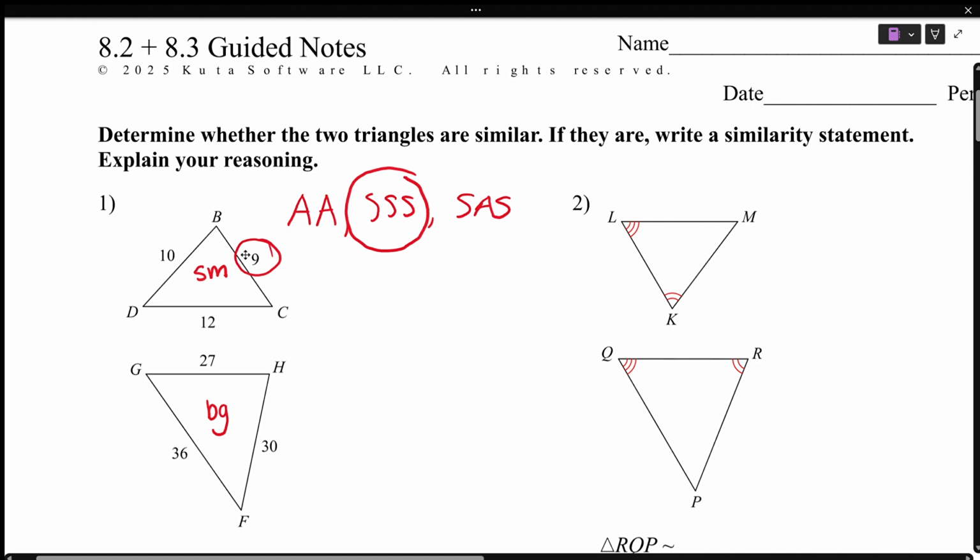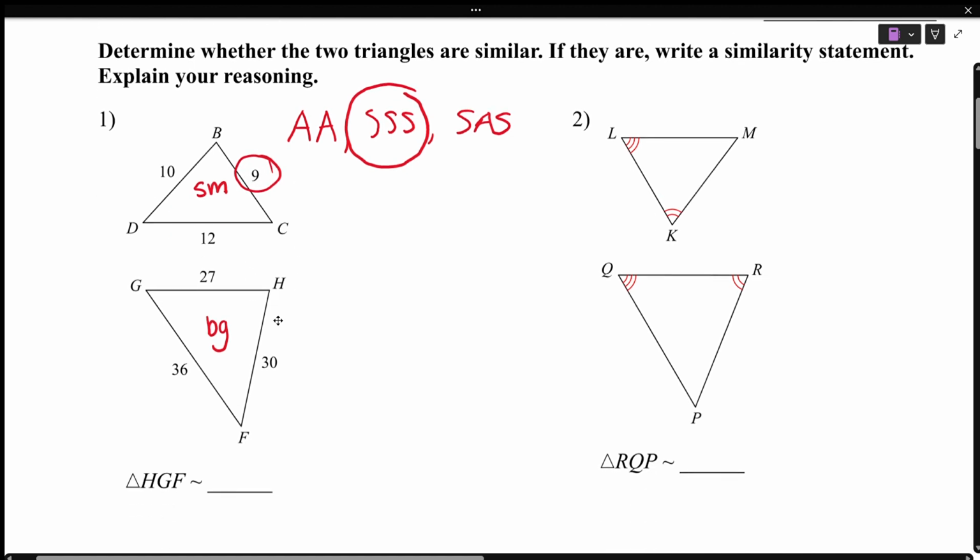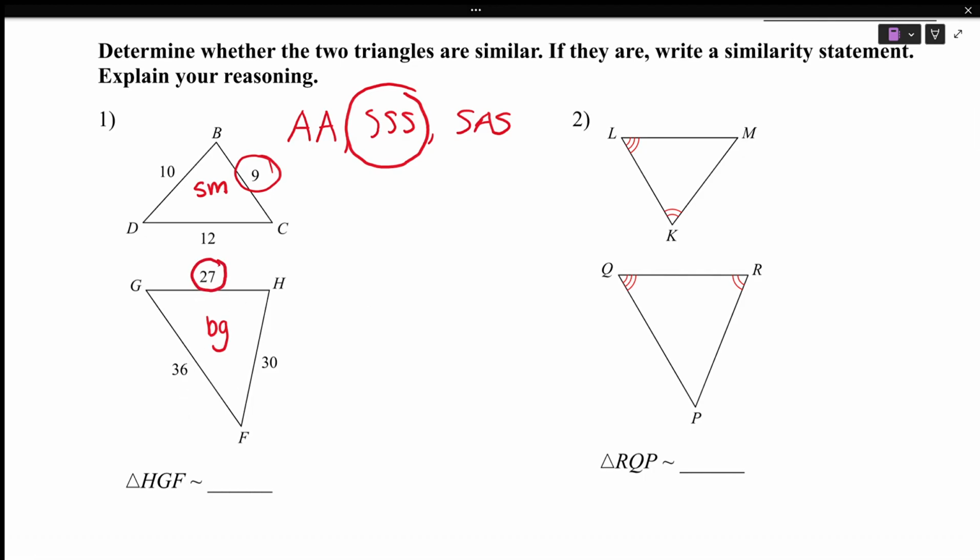Oh yeah, that's 9. Alright. And on the bigger triangle, 27, 30, and 36, between those three numbers, which is the smallest side? Okay, 27 is the smallest side. So I'm going to make sure I match them up, right? They're corresponding. So for my first ratio, I'm going to put 9 over 27.